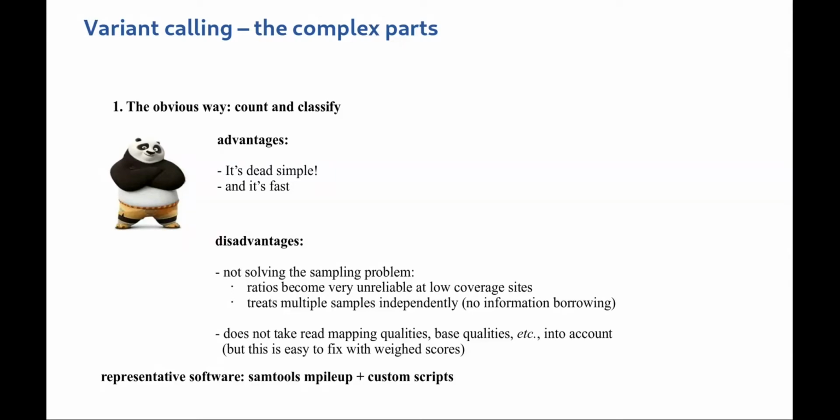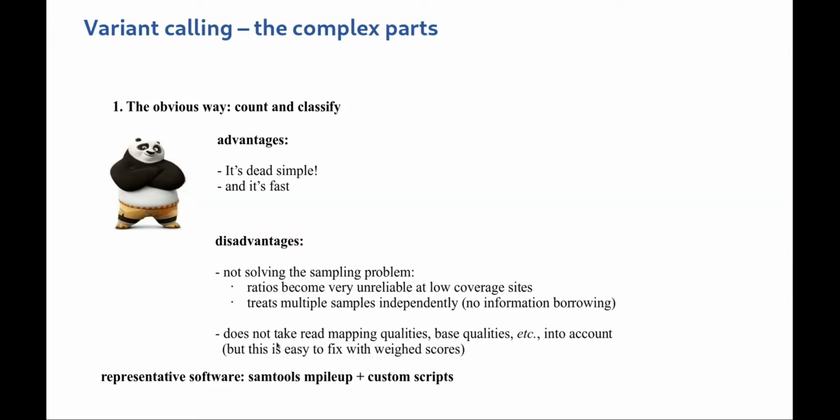And of course, in this approach, we always treat multiple samples independently. So this might come as a bit of surprise, but we'll see later that there are better algorithms that actually can do information borrowing between multiple samples in the same analysis to overcome the situation at low coverage sites, at least partially.